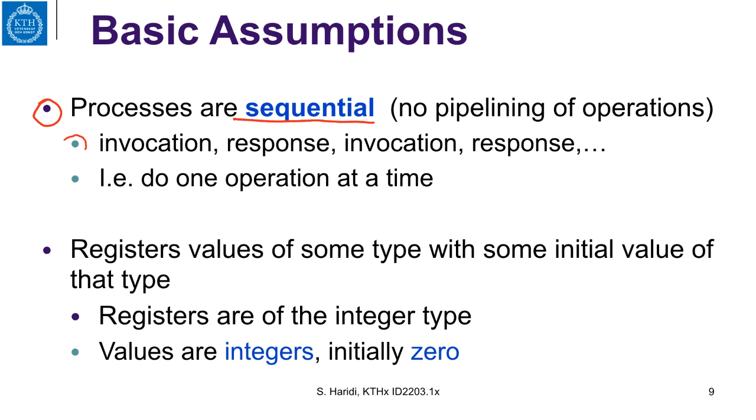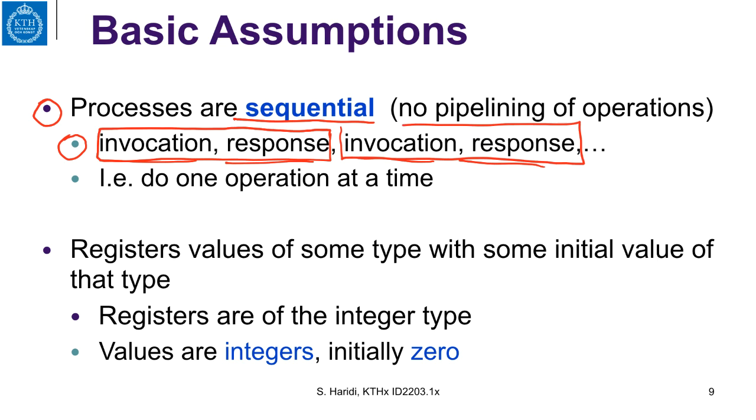It implies that each process will do an invocation, followed by a response, followed by a next invocation, followed by a response. And these two together define one operation, either read or write. And these two together define another operation. So a process does one operation at a time. Of course, a process here could be a thread, so you can have multiple threads, but each thread is sequential.